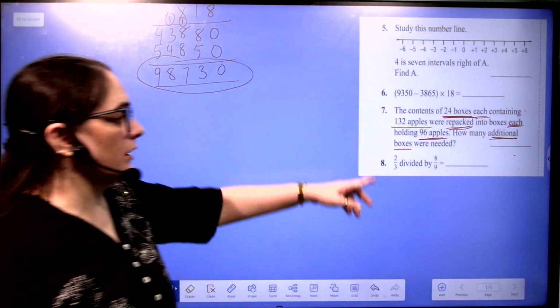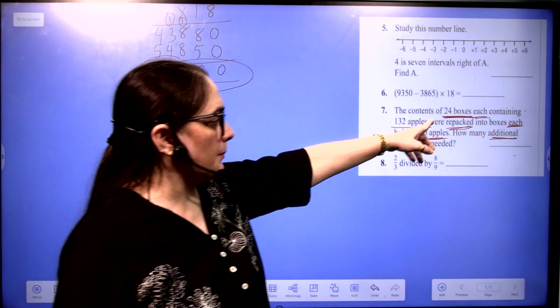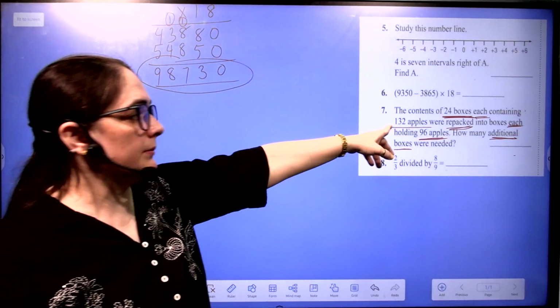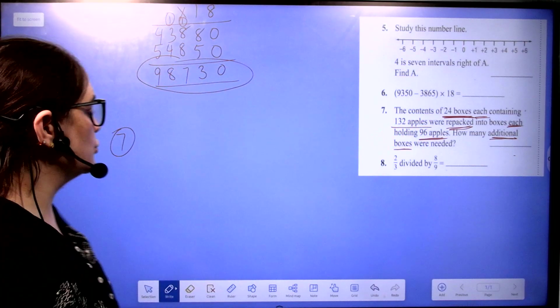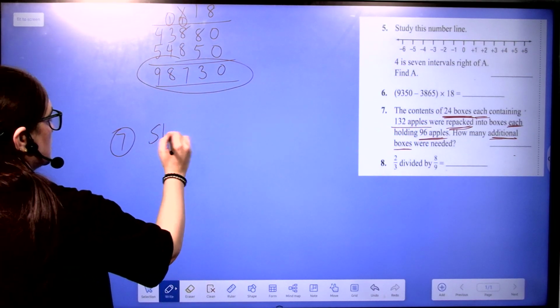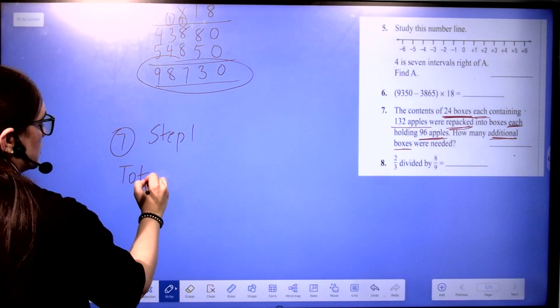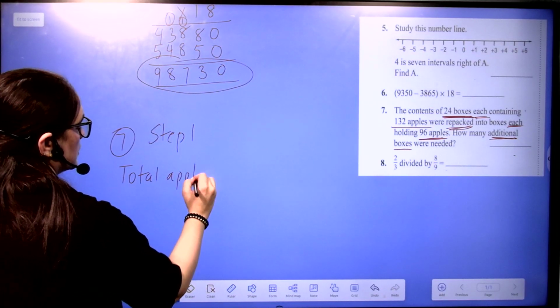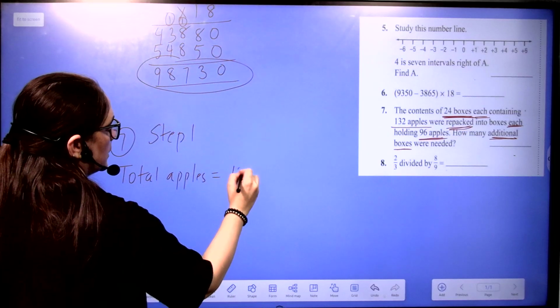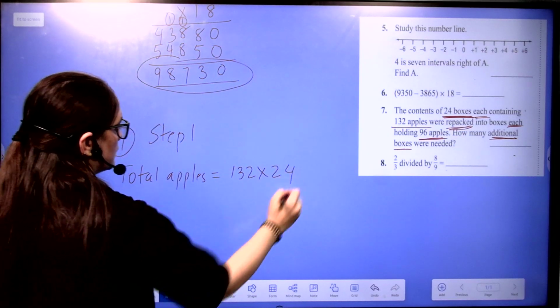So we need to calculate how many apples there are by multiplying 24 and 132. So that should be your step 1. Let's do step 1. Total apples, that should be 132 times 24.